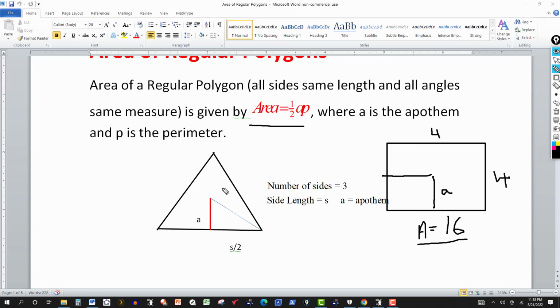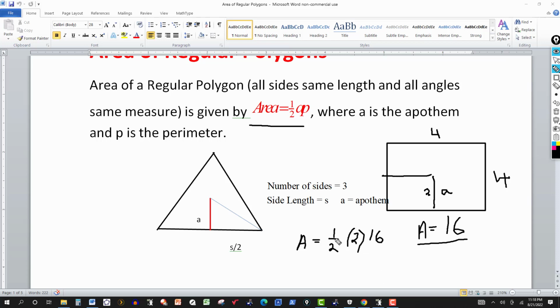So now if I want to use the apothem, this is going to equal, according to the formula, 1/2 the apothem. So what's the apothem? This side is 4, so this is the midpoint, so this is just 2. So it's 1/2 times the apothem A, that's 2, times the perimeter, that's 16.